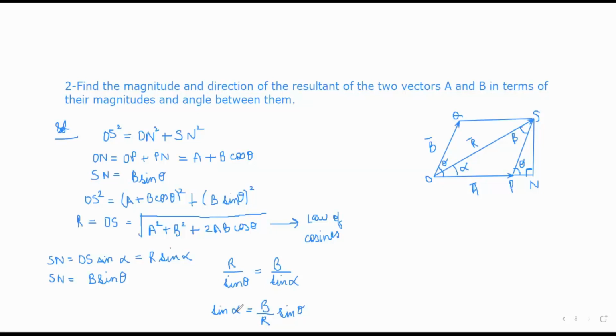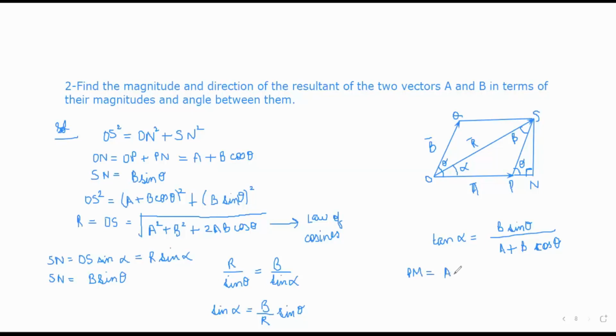So we have calculated the magnitude of the resultant vector, and we have also calculated this angle alpha that the resultant makes with the vector A. Here we can also derive the law of sines as we derived the law of cosines. Using trigonometric calculations, tan alpha in this triangle will be SN divided by OP plus PN, so it can be written in terms of theta also.